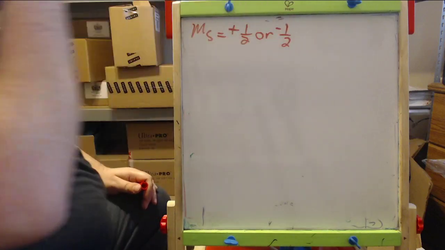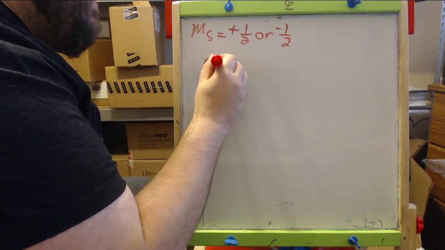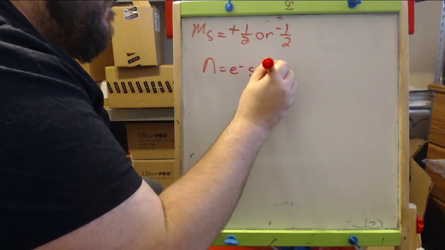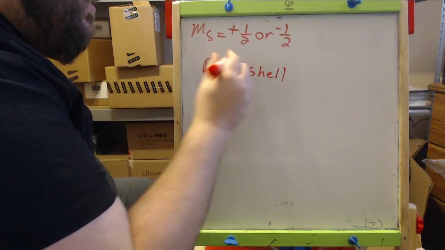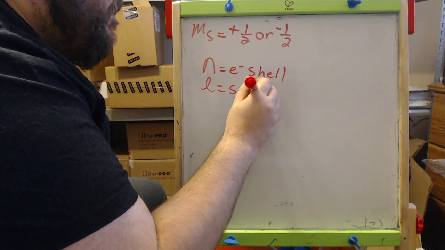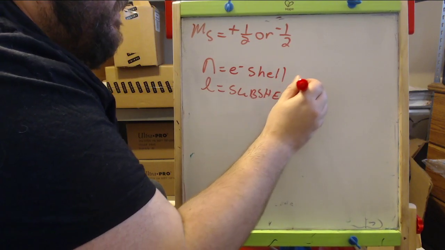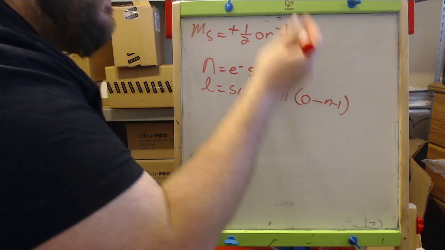Okay? Now, here's the deal. We've got 4 quantum numbers. We got n telling us the electron shell. We've got L telling us the subshell. And it goes from 0 to n-1. So it's based on our n value.